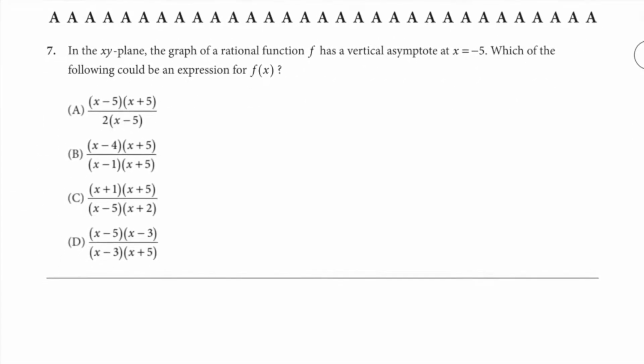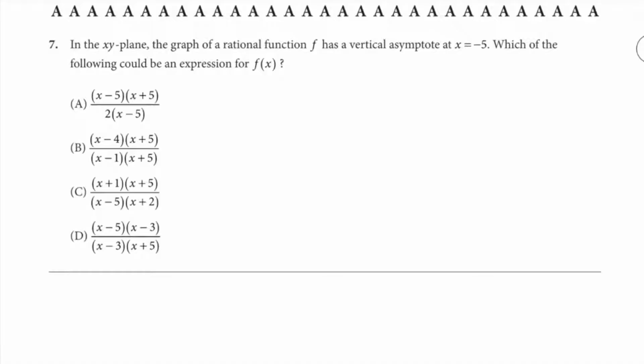All right, in the xy plane, the graph of rational function f has a vertical asymptote at x equals negative 5. Which of these could be f? Well, not A, because if I can cancel them out, that's going to cause a hole in the graph. Okay, x equals negative 5. So that means there's a hole at x equals 5, but in order to have a vertical asymptote at x equals negative 5, we need to still be dividing by 0 at x equals negative 5, so that one's no. That one doesn't have any vertical asymptotes.